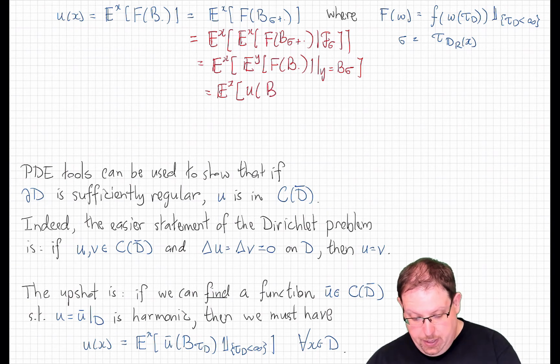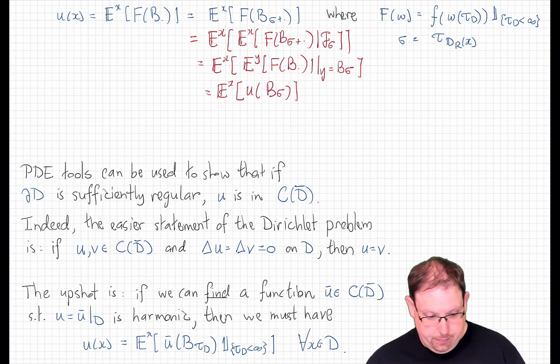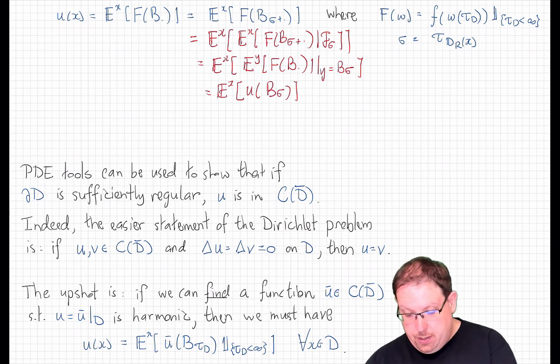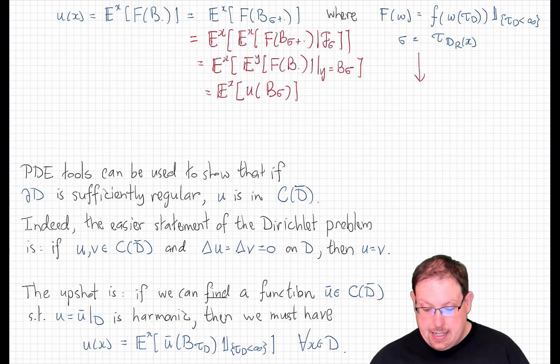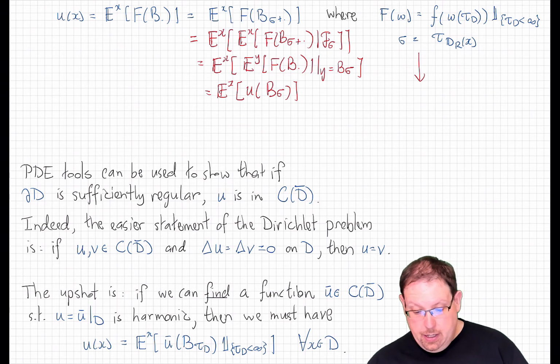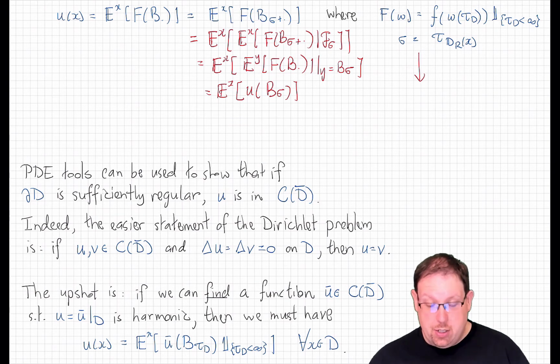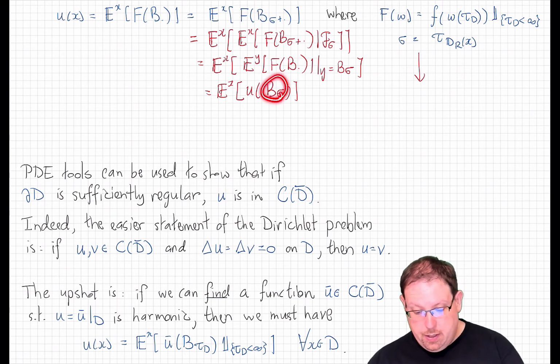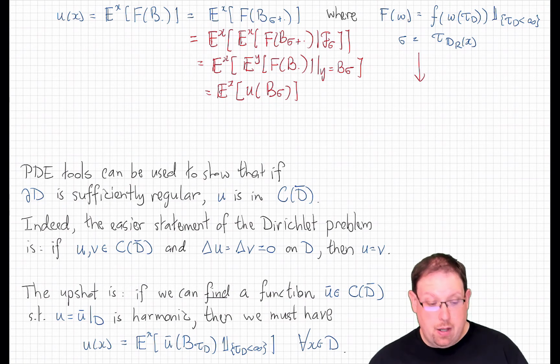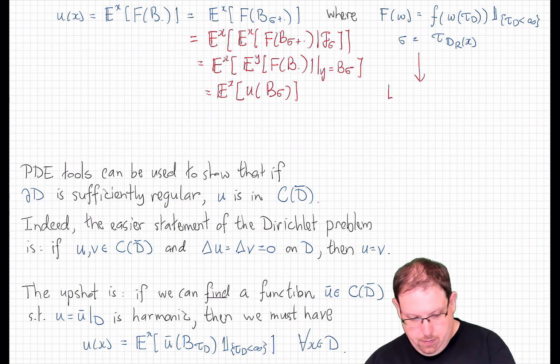u of b sigma. But from what we showed 2 slides ago, sigma being the exit time from a disk centered at x, yields that the rotationally invariant process Brownian motion has b sigma being Haar measure distributed.